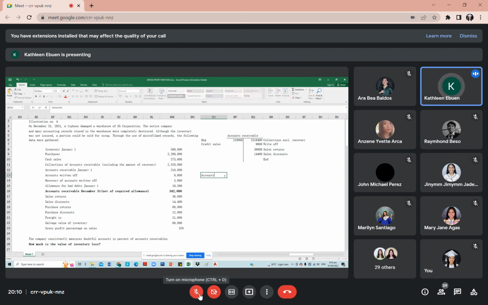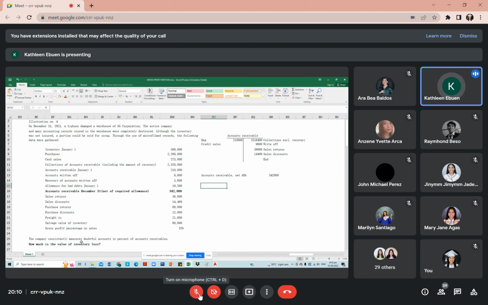Okay, so we have accounts receivable net of ADA, 342,000. Magkano ba yung allowance for doubtful accounts natin ng ending? Yun yung hahanapin naman natin ngayon class.